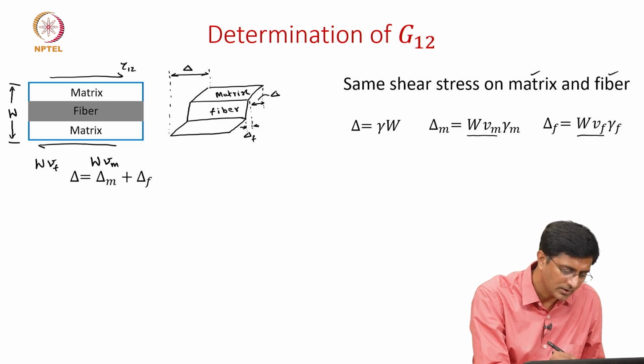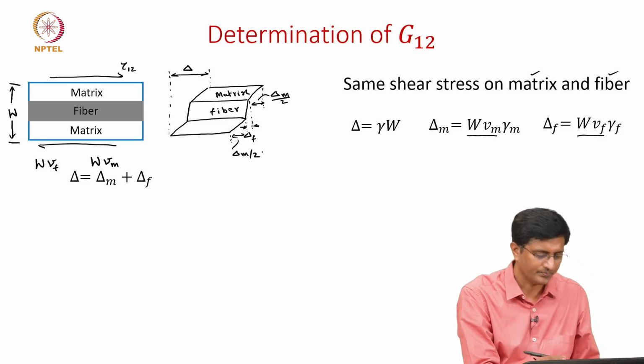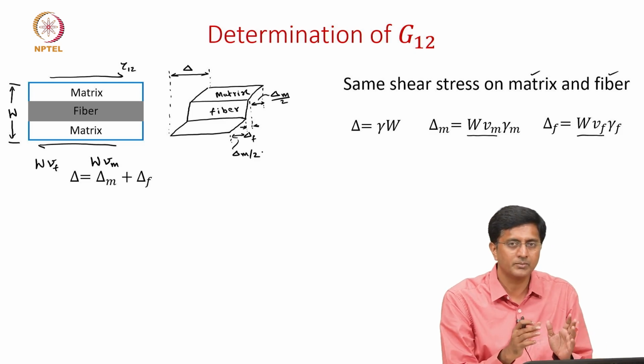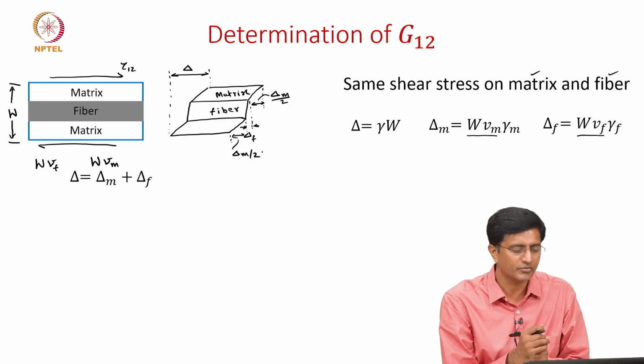So this is delta M by 2, because there is another delta M by 2 here. So basically we are saying this delta is partially from the matrix and partially from the fiber.